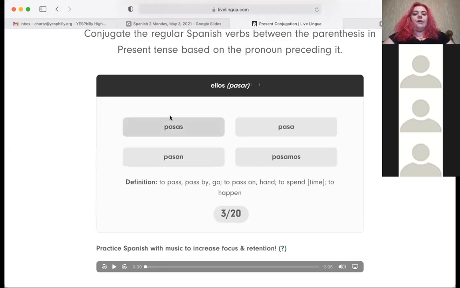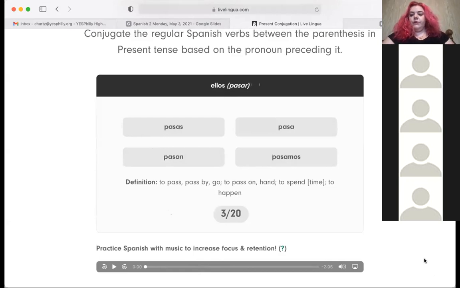Are we going to say pasas, pasan, pasa, or pasamos? You can take a little bit of time to think about it too. We're going to use the ellos form. So think about the ending with AR verbs in the ellos form. Feel free to look at your chart, anything like that.